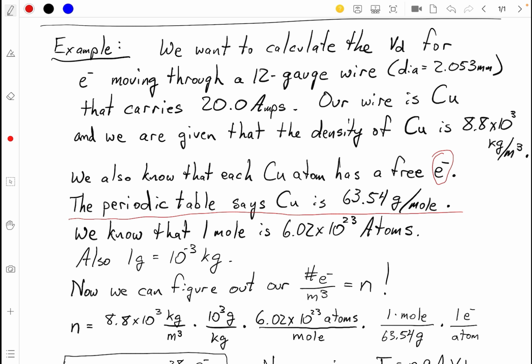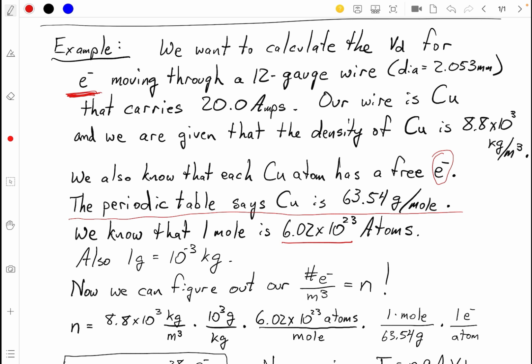Now we're basically trying to figure out the drift velocity for each of the electrons. So we really got to get down to the electron aspect of this. So how many atoms in a mole?